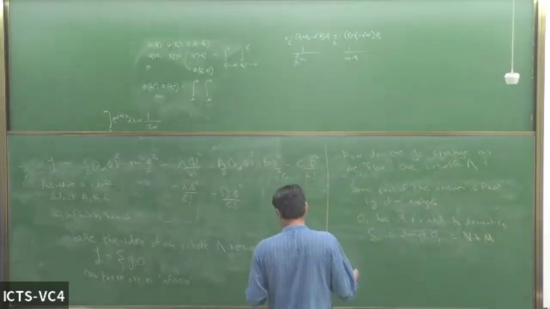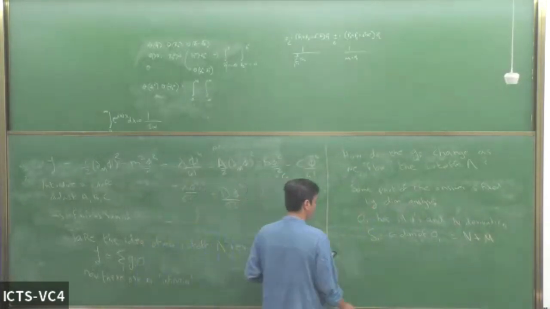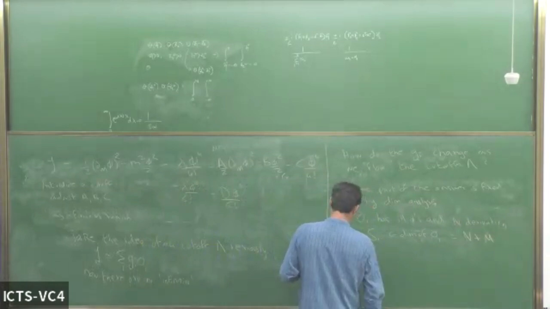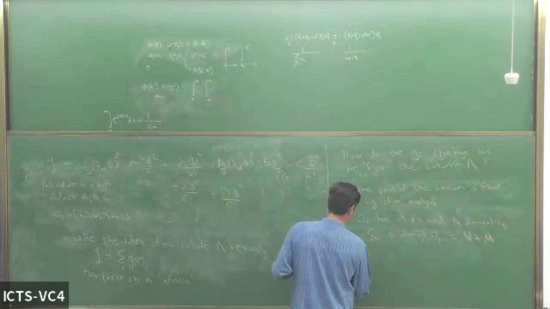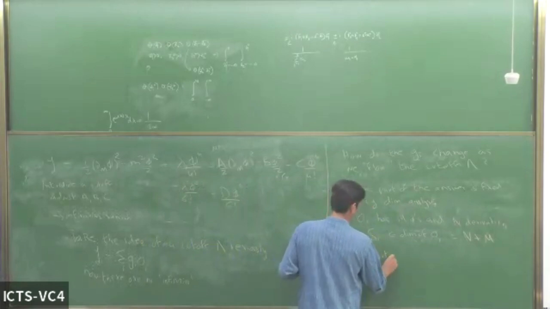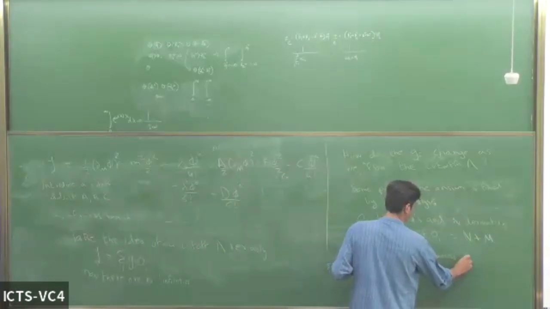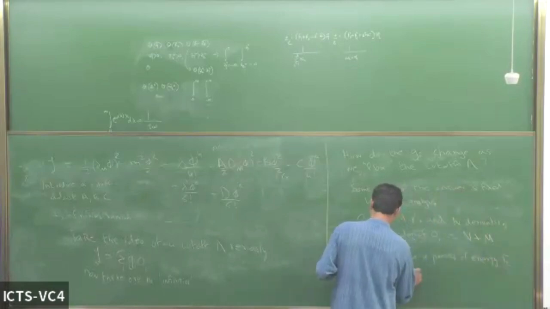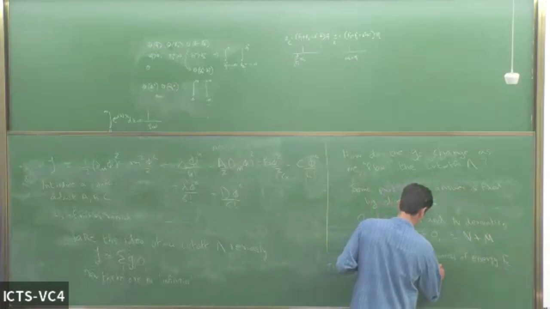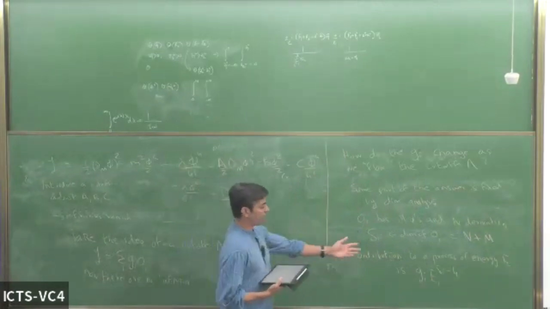So you can then ask how this will contribute to some process at some energy E, and just by dimensional analysis, the contribution of this looks like g_i times E to some power. Okay. So this is just from dimensional analysis.